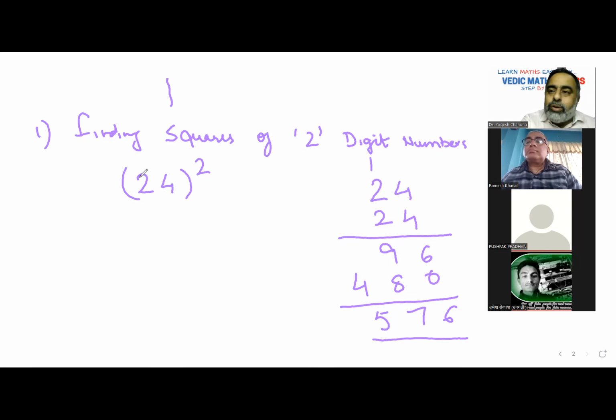Well, now we know what is the square of 2. 4. So let's write step 0 4. We will always write square of a single digit number in 2 digits. Square of 4, 16. Any doubt?